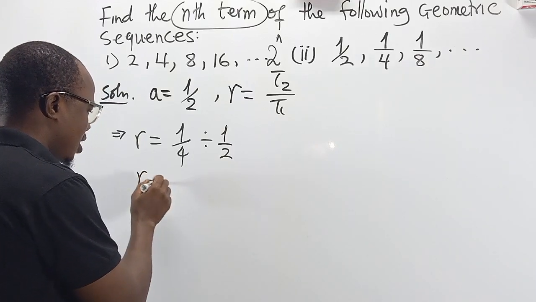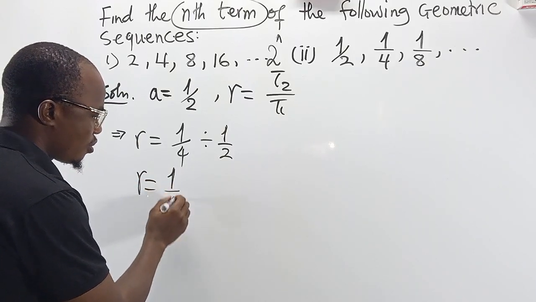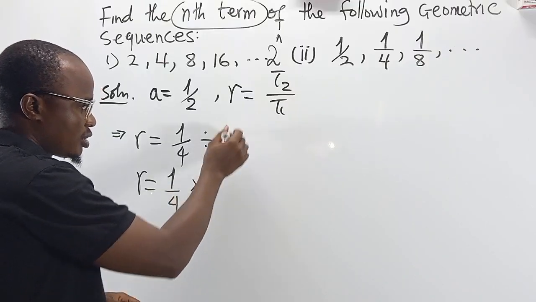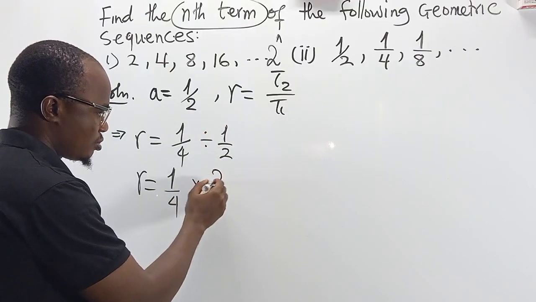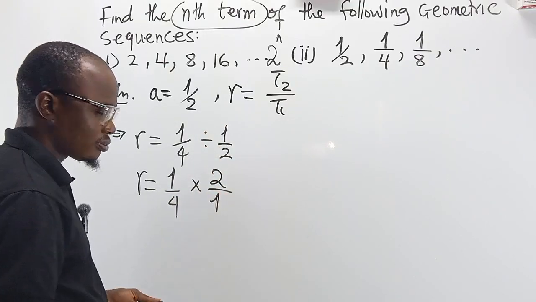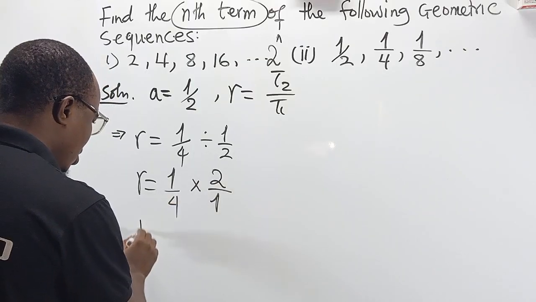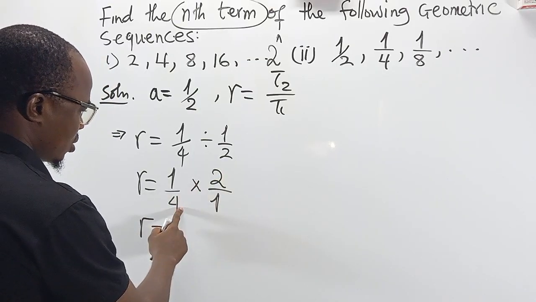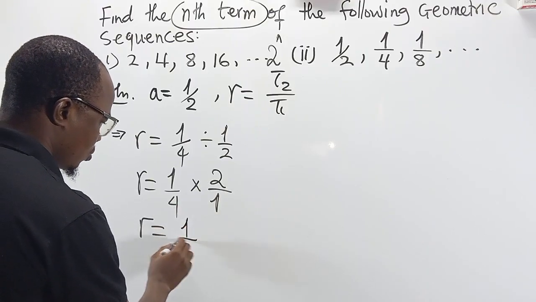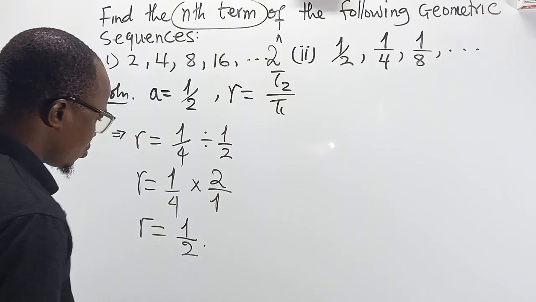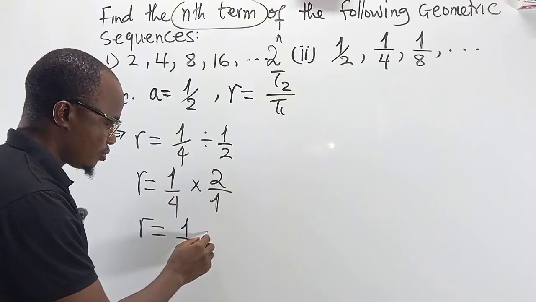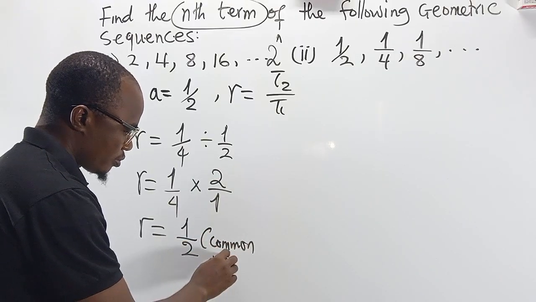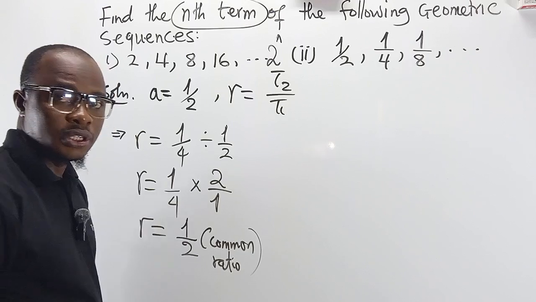From there we take the reciprocal of the second fraction. This will be 2 over 1. So lastly, we have r, 2 and 2 cancel, so we have 1 over 2. Therefore, our common ratio is 1 over 2. Understood?